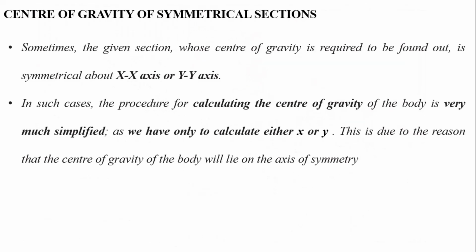Center of gravity of symmetrical sections. Sometimes the given section whose center of gravity is required to be found is symmetrical about x axis or y axis. In such cases the procedure for calculating CG of the corresponding body is very easy, we have to calculate either x bar or y bar, right.